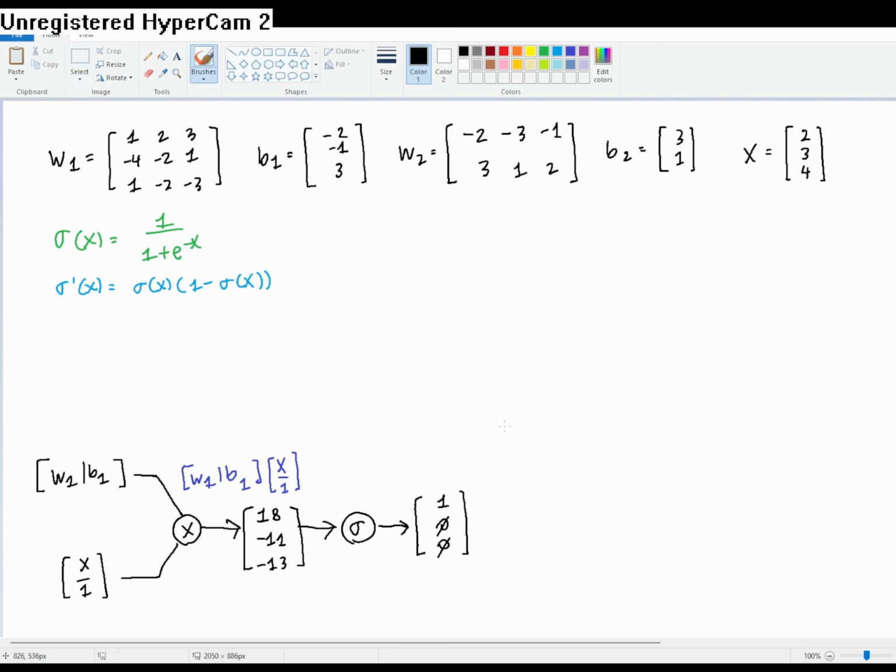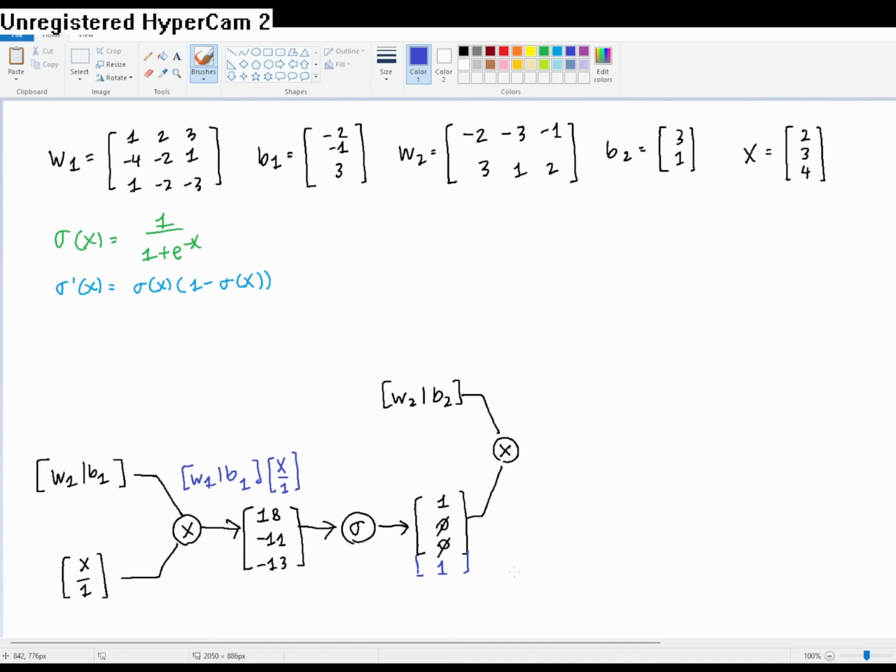To go through the second layer, all we need to do is introduce the second set of weights and biases. So here we have the second set of weights, the second set of biases, and we're going to multiply this wrapped matrix with the output. And here's something to note. I'm going to put some dots right here and add a 1, because remember, if you wrap biases in, you need to make sure the bounds are compatible.